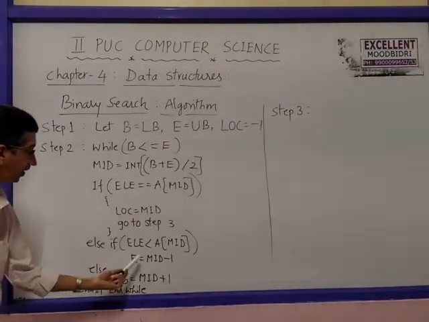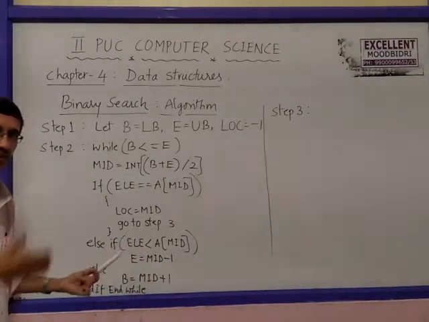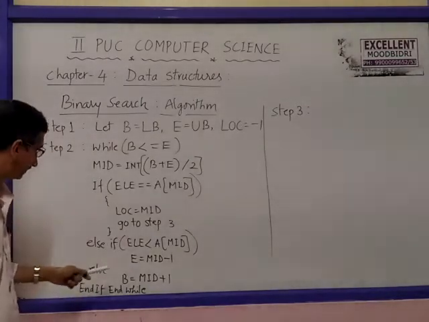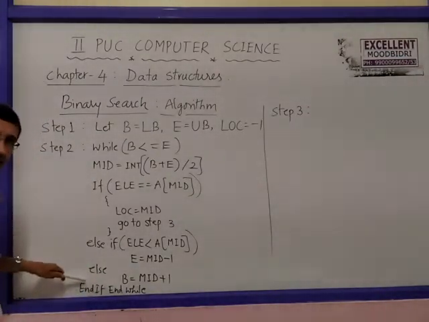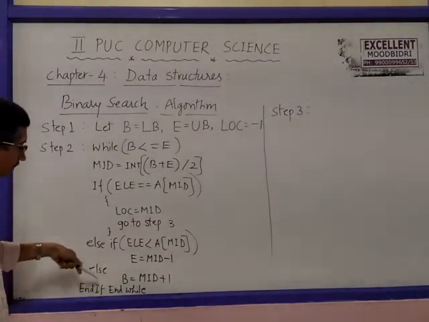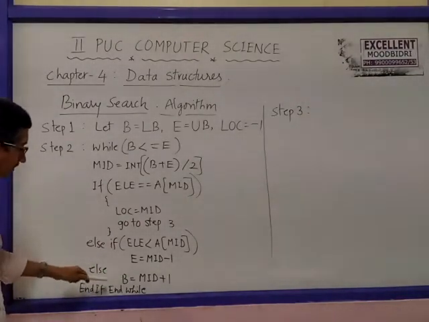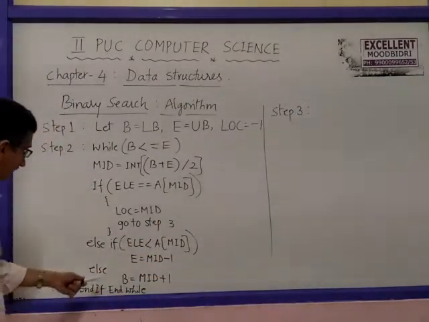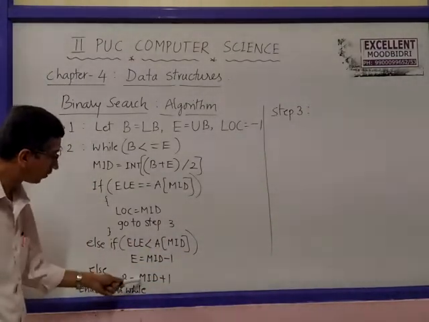So end should be mid -1. End should be brought down. Begin remains the same. If not, else means it should be in the upper half. So only one else if is enough. The other one you can write as else. So else means element should be more than the mid item. Else B is equal to mid plus 1.